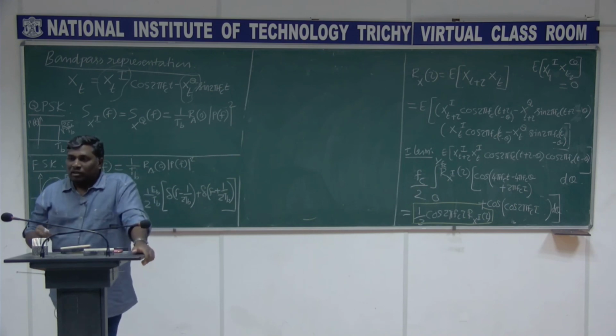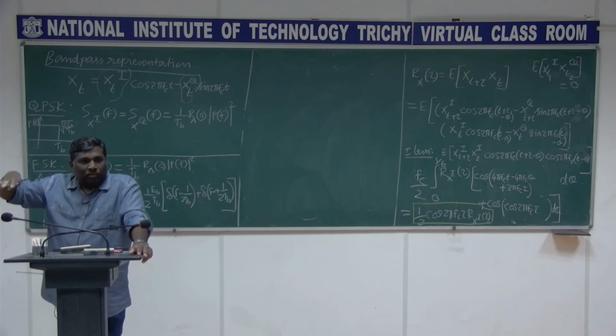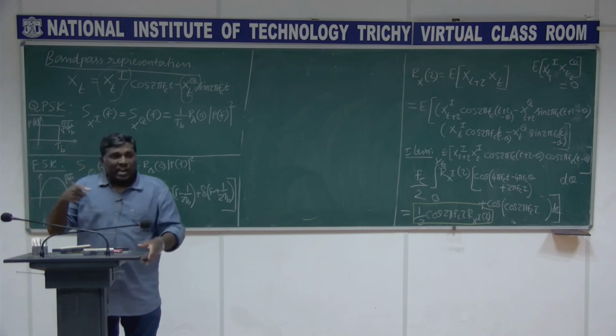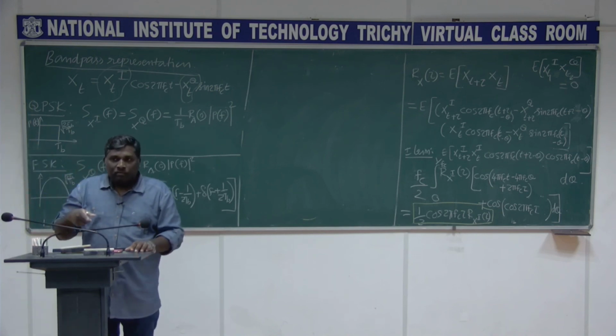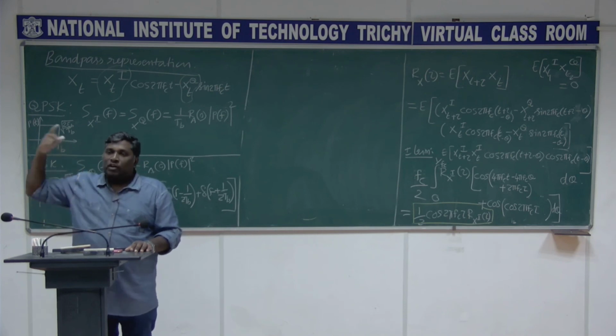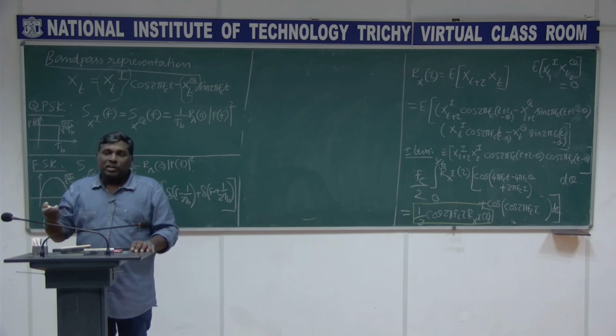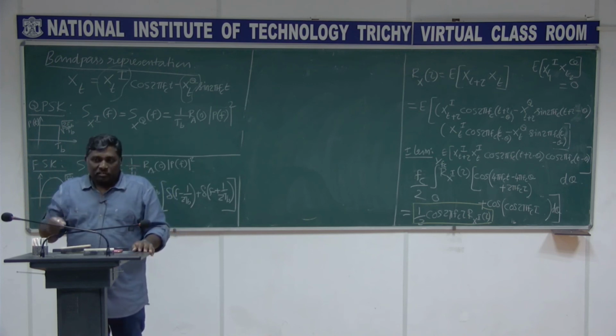This means what? From the random process of the in phase component, I tap across the process at t1, I get a random variable x_I(t1), and then for the quadrature component I tap across the process at t2, I get a random variable x_Q(t2).